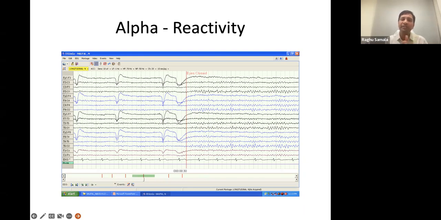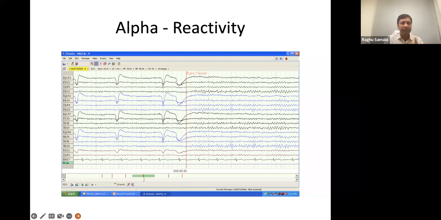How do we know whether any electrical activity is normal or abnormal? We need to have a mental picture of what the normal activity is. Normal activity is divided into alpha, theta, and delta activity. Alpha activity is 9 to 11, theta activity is up to 8, and less than 3 or 4 is the delta activity.